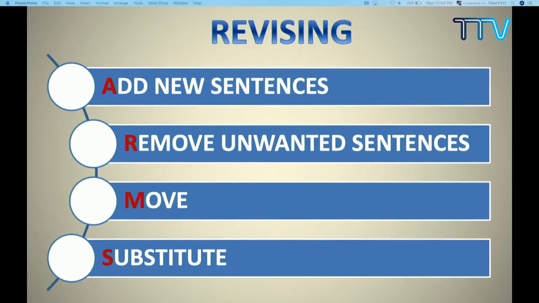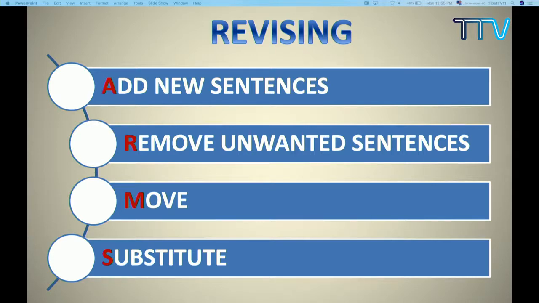It depends on you. Whichever is convenient for you, you can do that. So in revising, we have one acronym. The acronym is ARMS, where A stands for add new sentences. In revising, you try to focus more on the content.